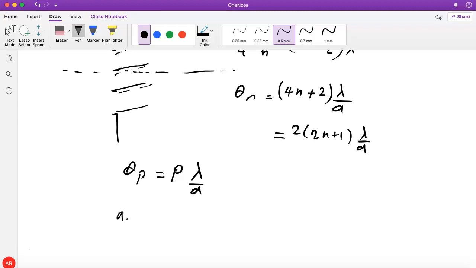So any p can be written as 2 to the q times 2n plus 1. Let me write capital Q here. Right, so some power of 2 times an odd number. And if p is just some power of 2, then n is 0. Again, that works, right? That odd number is 1.